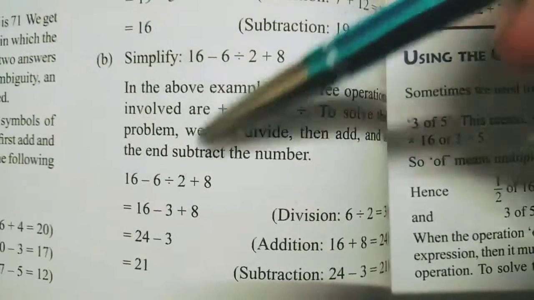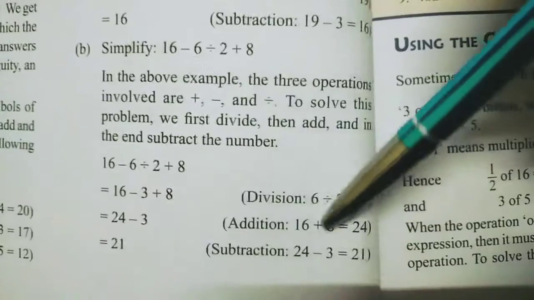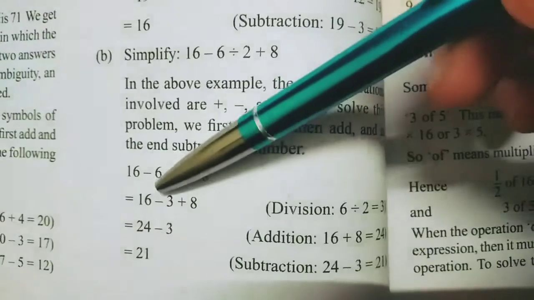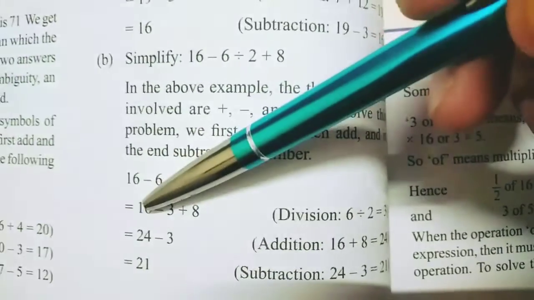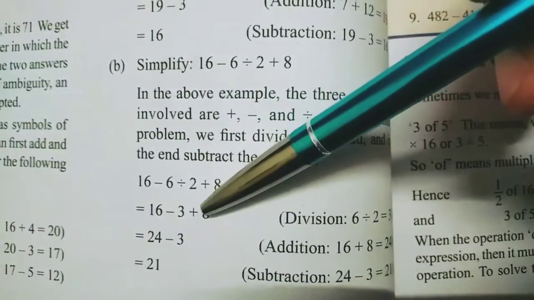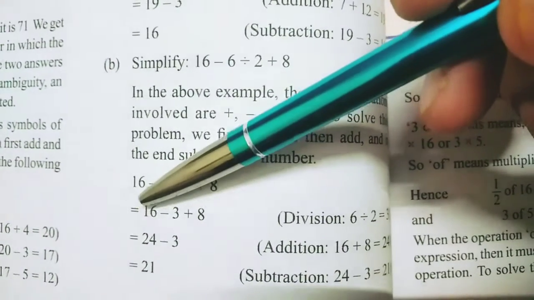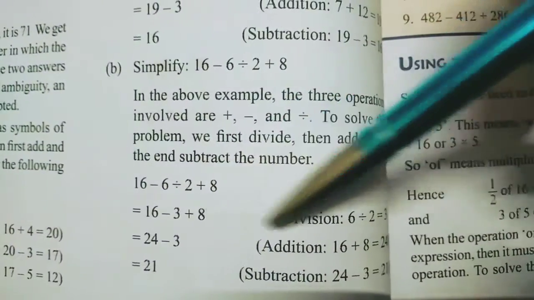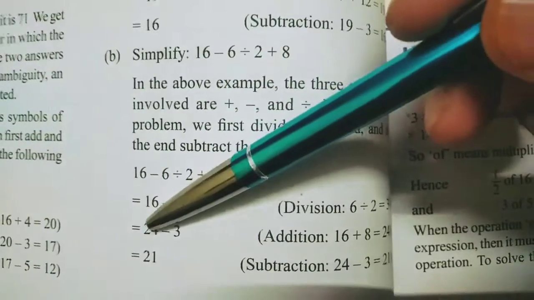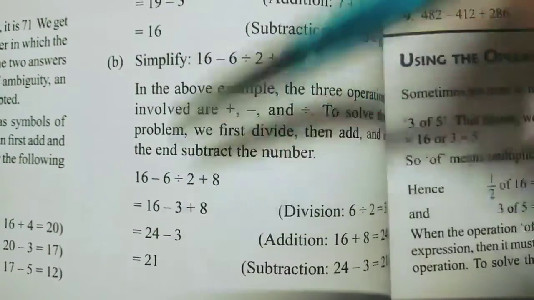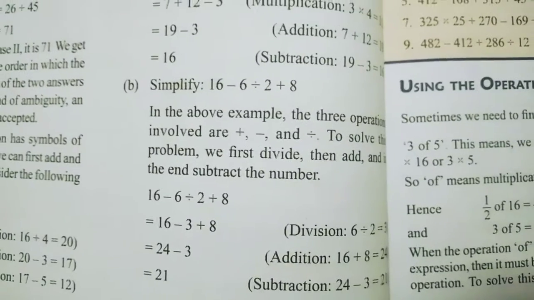Next, you will add. Many students will make the mistake, they will do 16 minus 3. No, you will add 16 and 8 because 16 has no sign, that means it is plus. So 16 plus 8 is 24. Then at last 24 minus 3 is 21. Understood? So this is the rule. I hope you are understanding the rules.